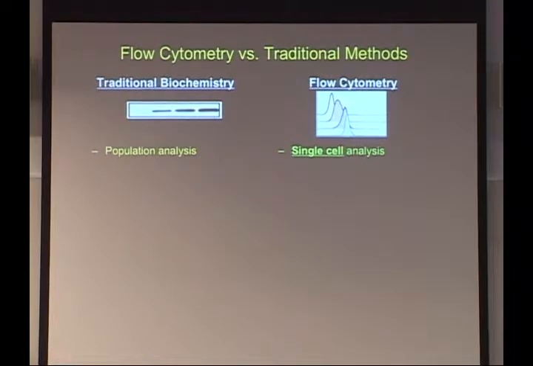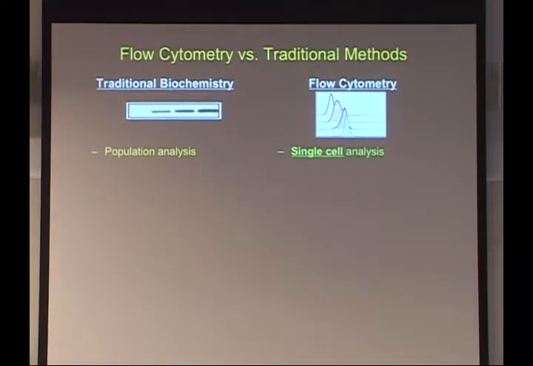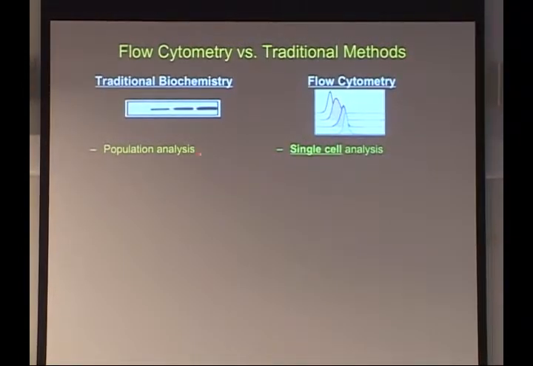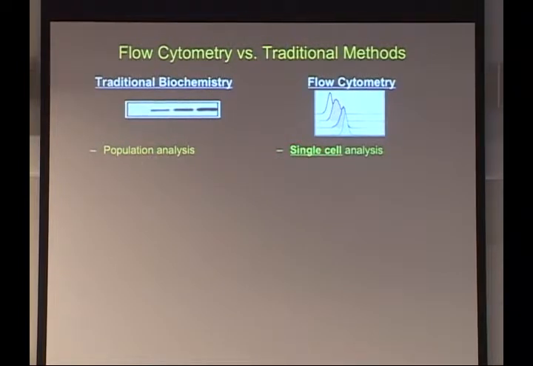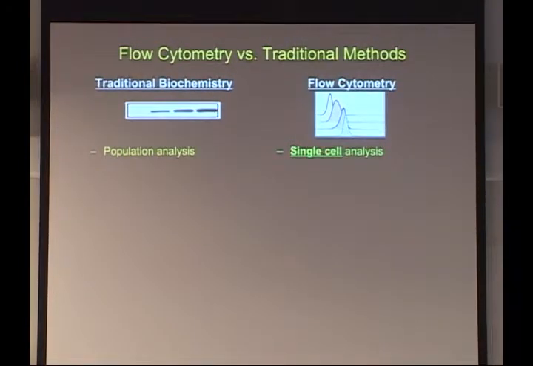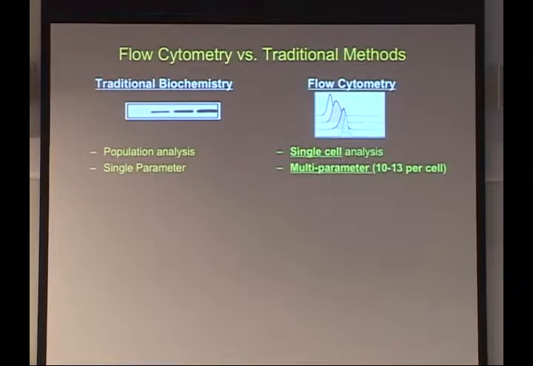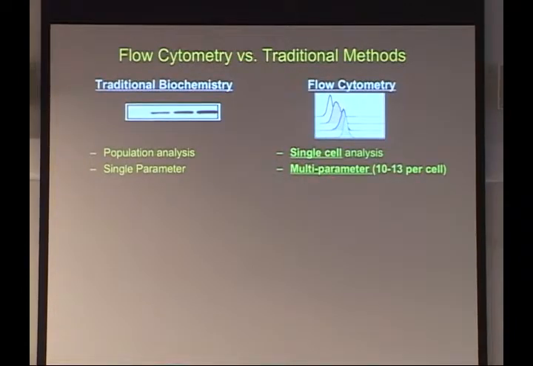So flow versus the traditional methods looking at biochemistry: normally, as Gary alluded to, you look at populations. In flow, you get information for every single cell going through. Traditional methods are also single parameter methods, whereas in flow you can obviously do many parameters per cell.